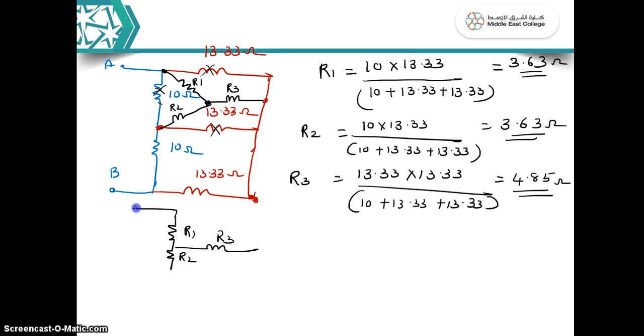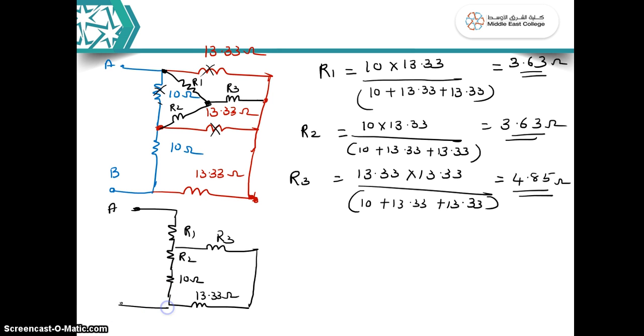This is your point A. Okay, and now from there you have 10 ohm, and then you have 13.33 ohm. So that's it. Now your circuit is reduced like this.